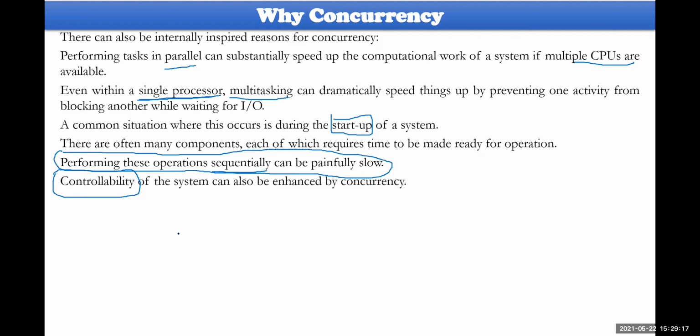Controllability of processes, controllability of resources, controllability of sharing, controllability of memory will be enhanced by concurrency. These are the basic reasons why concurrency is required.